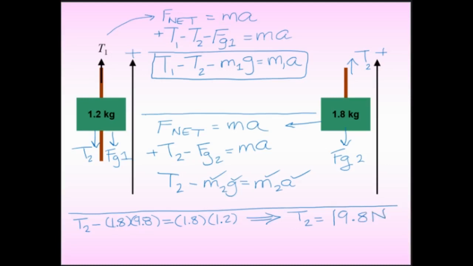How are we going to find out T1? Yes, you box equations that you know you're going to revisit. So that means T1 minus 19.8 minus 1.2 times 9.8 equals 1.2 times 1.2.